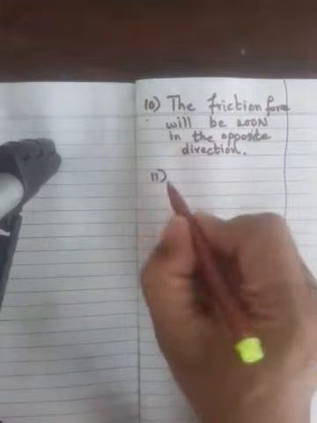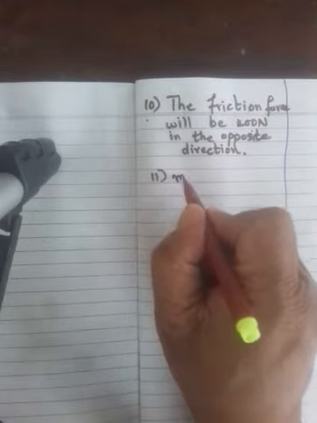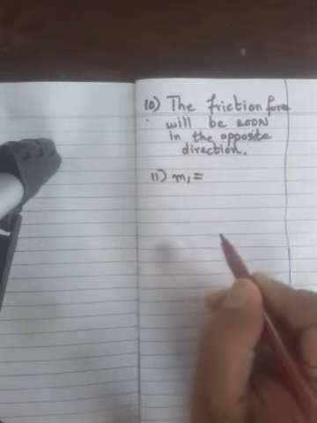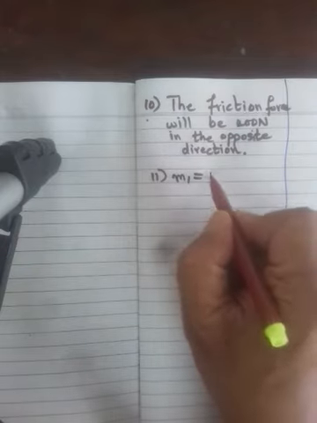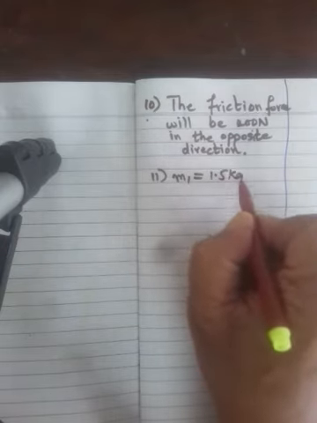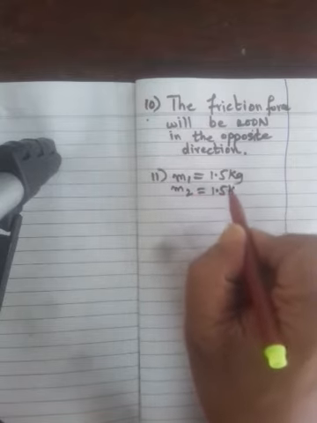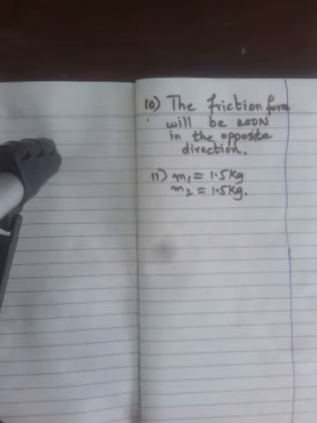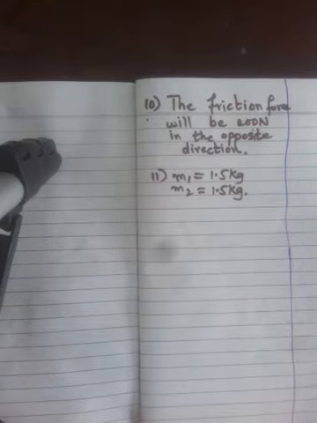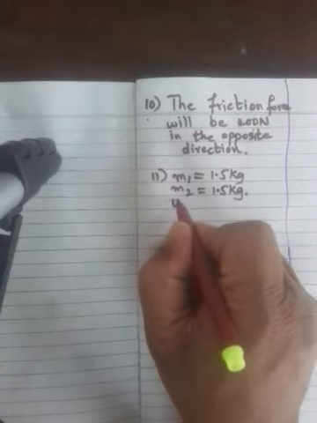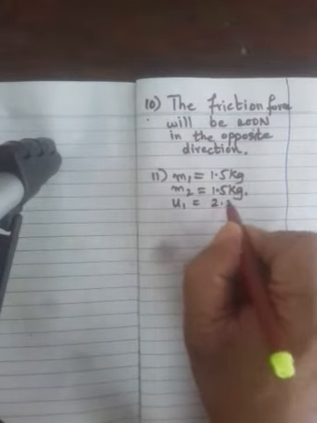So mass of the first object m1 is equal to 1.5 kg. m2 is also equal to 1.5 kg because both have the same mass, and they are moving in opposite directions with a velocity of 2.5 meters per second.